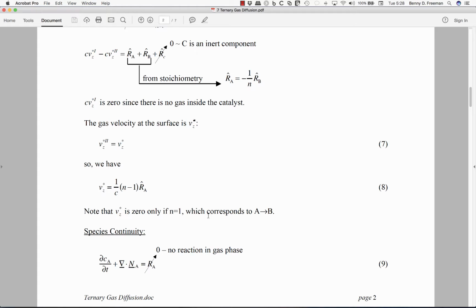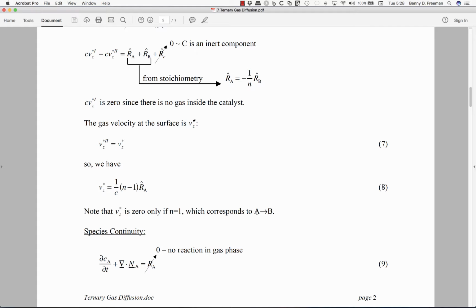And when n is equal to 1, this corresponds to a case where one molecule of A is transformed into one molecule of B. So for every molecule of A that diffuses to the surface, we have a molecule of B diffusing back out away from the surface through the boundary layer and into the bulk fluid.